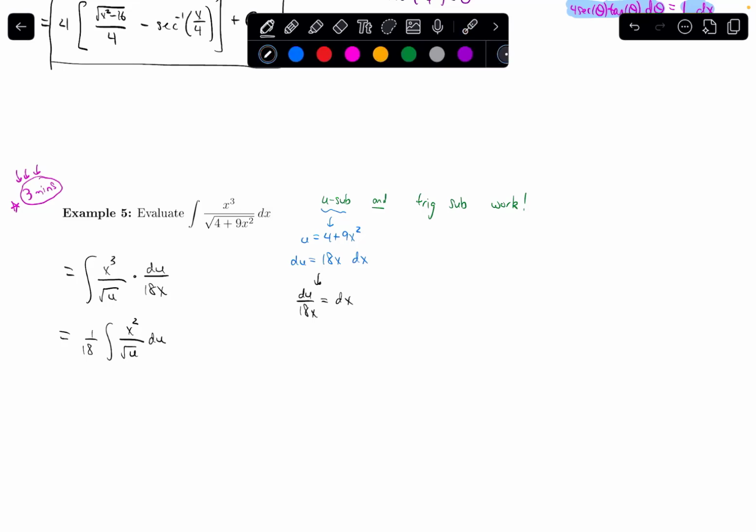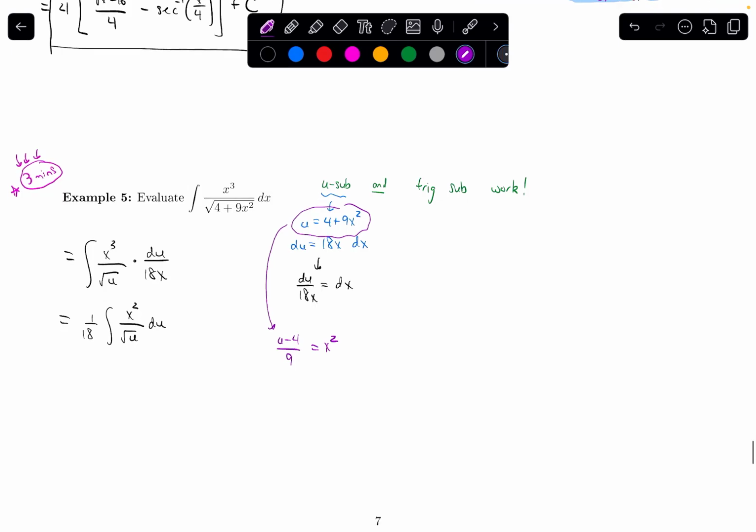Okay, so let's continue to use this u sub, and let's isolate for x squared. So I'll get u minus 4 divided by 9 equals x squared. Okay, so I can plug that in. And then this divided by 9, I can pull in front of the integral. So I'll get 1 over 18 times 9 on the bottom. And then for the x squared, I'm left with u minus 4 over the square root of u, du.